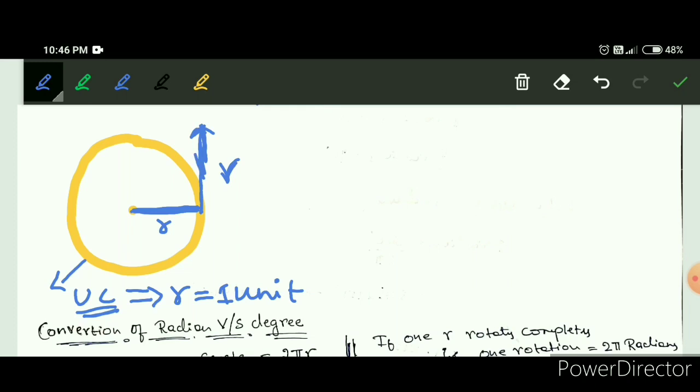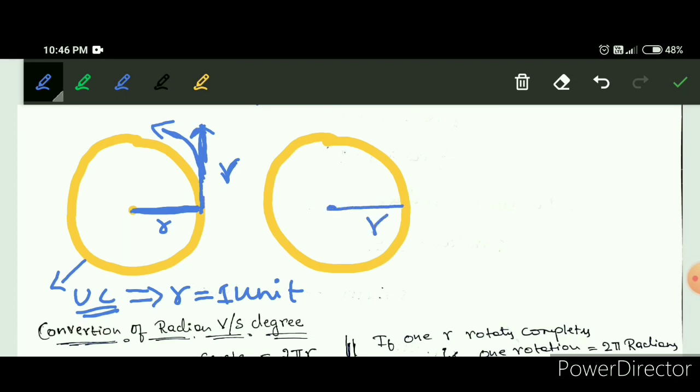I slightly bend this r. Then what I bent, this line r, I place on the circle as an arc.